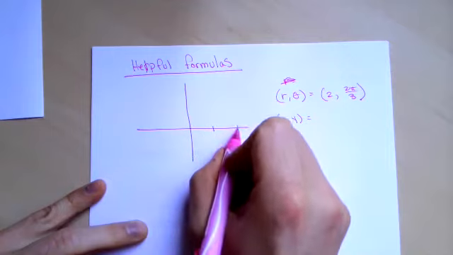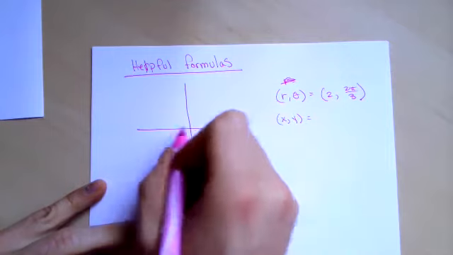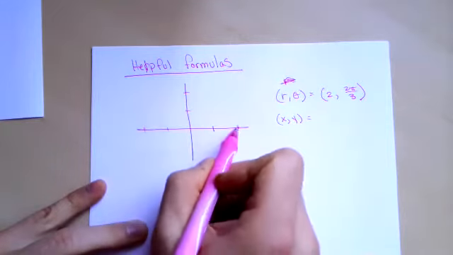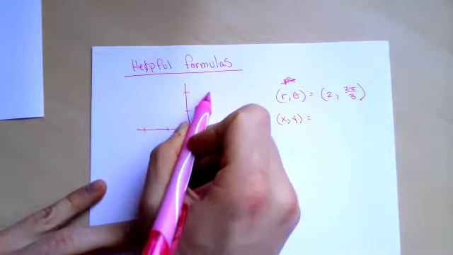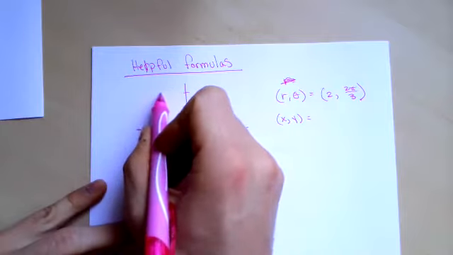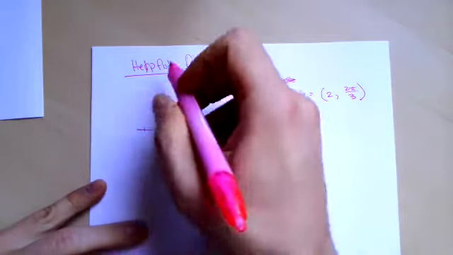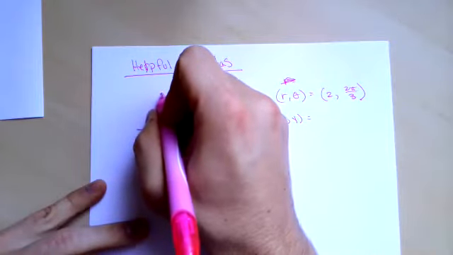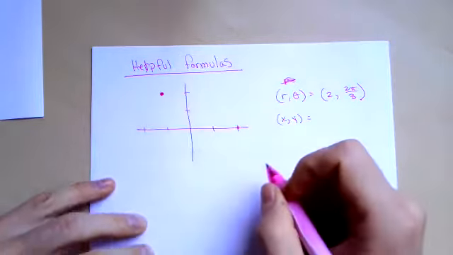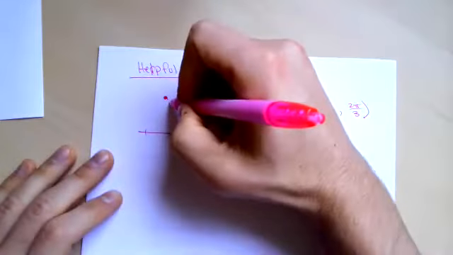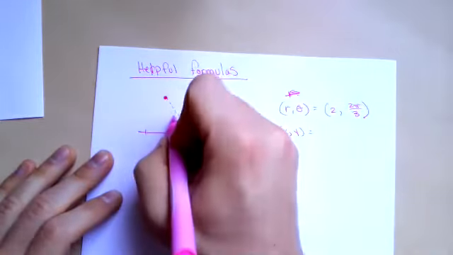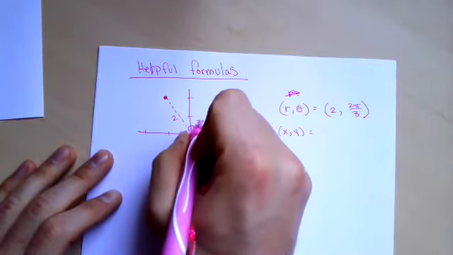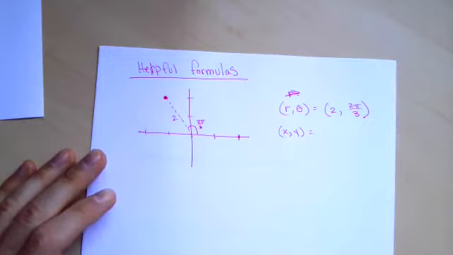Well, I know I'm on a circle of radius 2, and then we rotate 2 pi over 3. So we're at 60 degrees, or excuse me, 120 degrees, 60 degrees reference angle. Our point is there. So our radius was 2, and our angle 2 pi over 3.